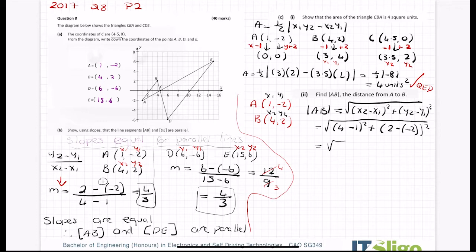Okay, so if you put that into the calculator, you'll get 4 minus 3 squared plus 4 squared, which is root 25, which is 5 units. Okay, I'll just check that on my calculator. That's what I'm getting. Squared plus bracket 2 minus 2 all to be squared. Yeah, 5 units. Okay, so the length of AB is 5.